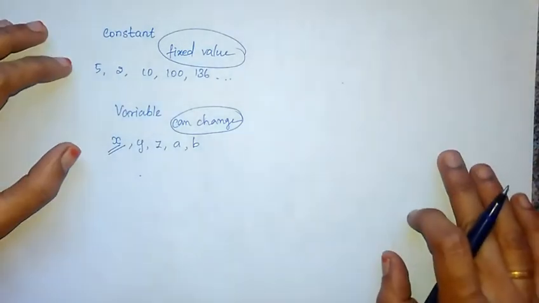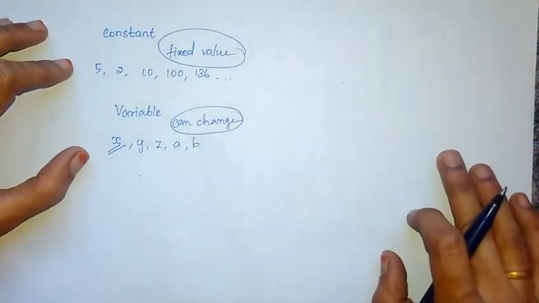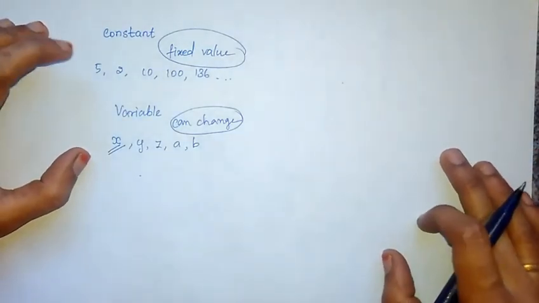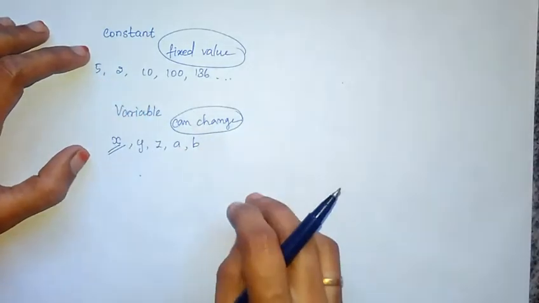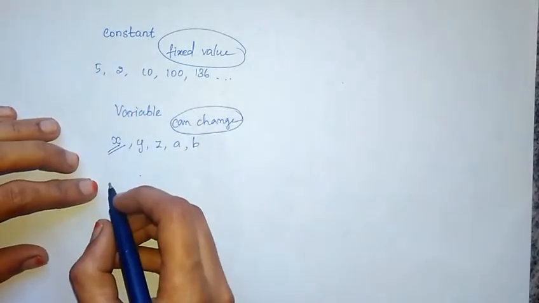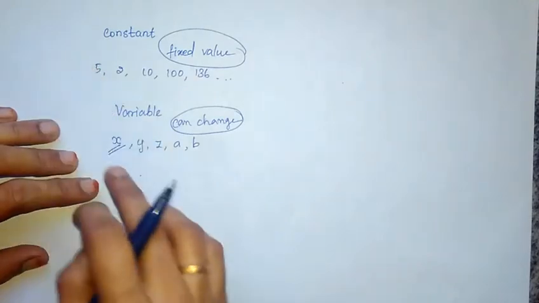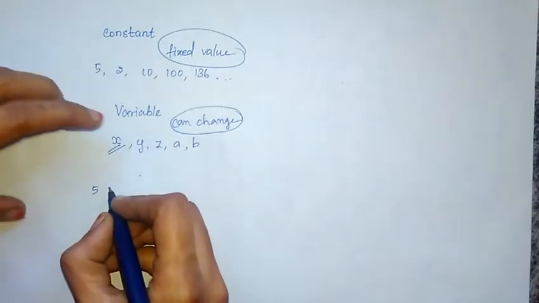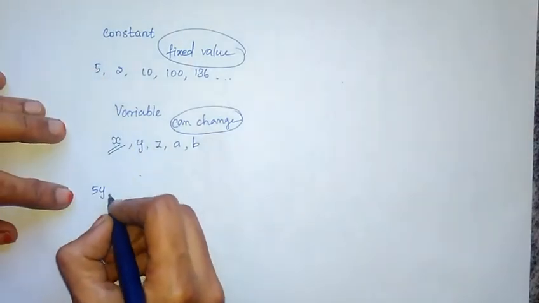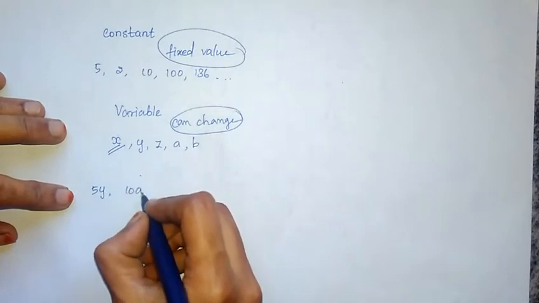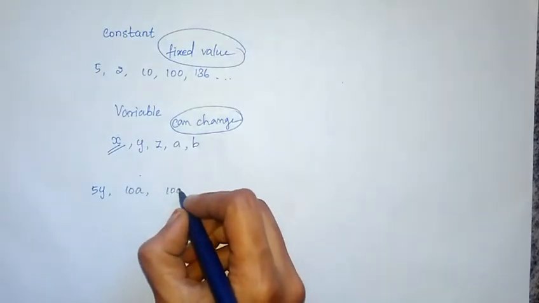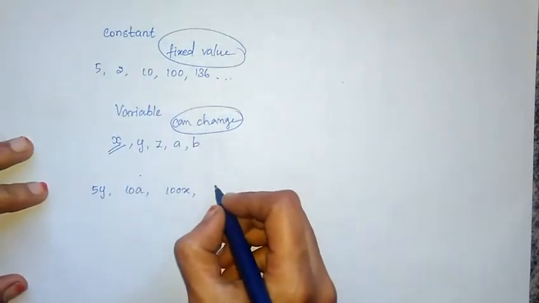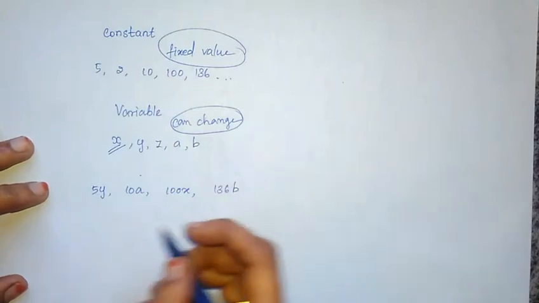Now constants and variables together form expressions. Now I am going to form some expressions. See here. 5, I am choosing a variable from here, 5y, 10a, 100x, 136b.